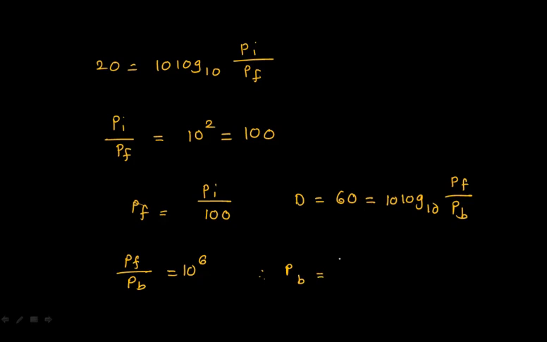Pb is equal to Pf by 10 raised to 6. We have already calculated Pf as Pi by 100. So if you put that value Pi by 100 into 10 raised to 6, this will be Pi by 10 raised to 8. Since Pb is very small, that is 1 by 10 raised to 8, whatever power comes out from port number 3 will be neglected, and that's why port number 3 will be terminated with a matched termination.